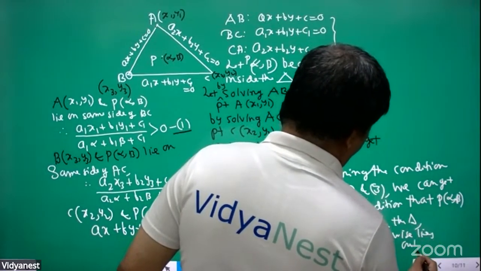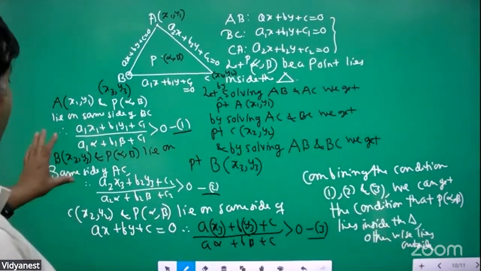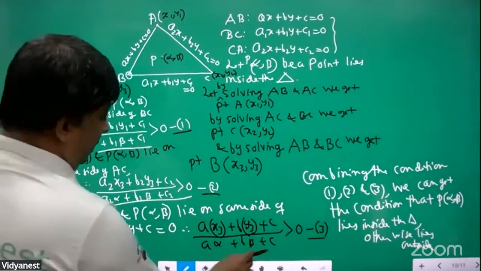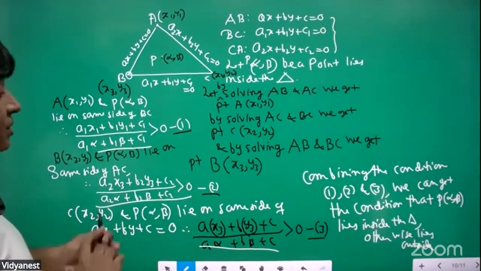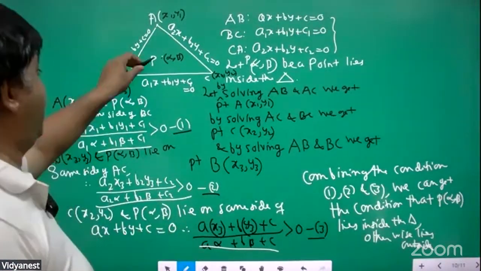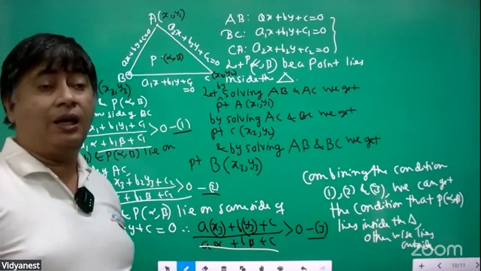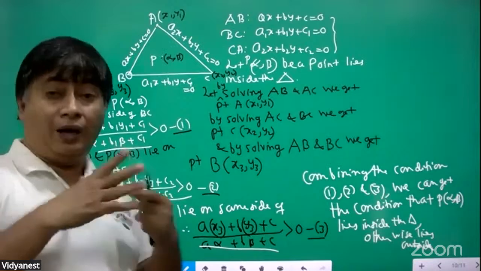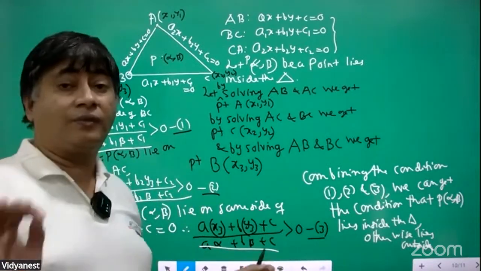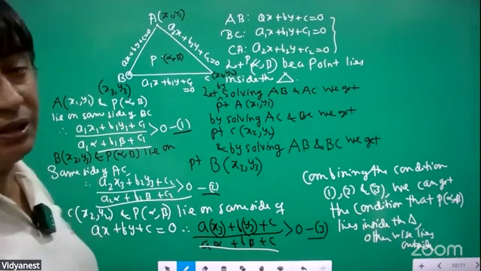If these three conditions, 1, 2, and 3, occur at a stretch, then we can say the point lies inside the triangle. Otherwise, if at least one of those three conditions is broken, then the point lies outside the triangle.